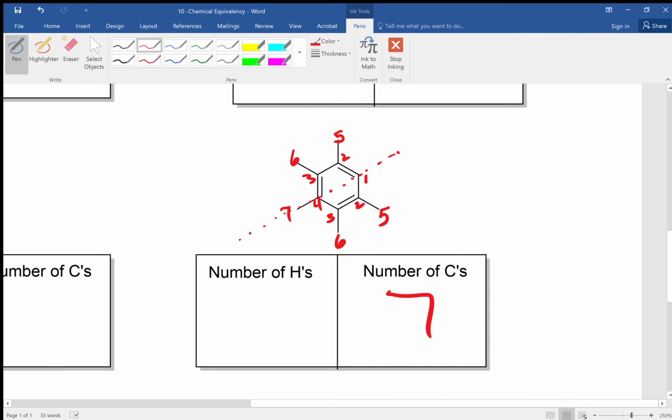Now just like the example above, there aren't going to be as many different types of hydrogens as there are carbons. Why not? Well, again, carbon 2, carbon 3, and carbon 4 all have 4 bonds to other carbons. Therefore, they don't have any hydrogens on them. So the number of hydrogens here is the remaining ones, which is 4.